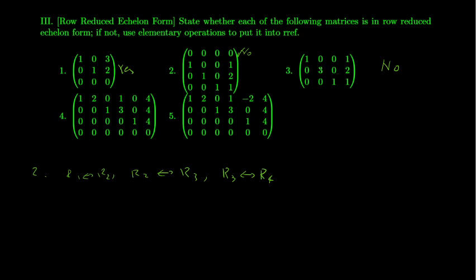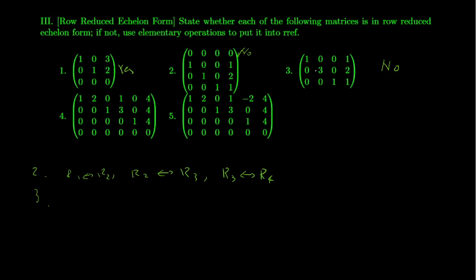Now the second part of the question: what operation do you want to perform to make the matrix REF? I'm talking about question 3. This location is the only location with a problem.